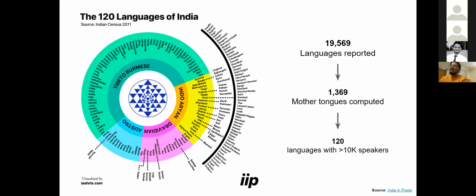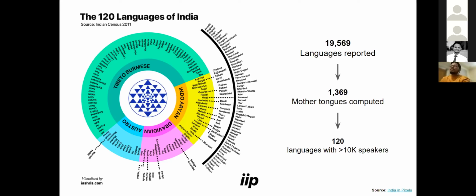This visualization is based on the Indian census done in 2011, in which the population reported around 19,000 odd languages, and the committee narrowed it down to 1,369 odd mother tongues. This visualization shows 120 languages which have more than 10,000 speakers in India.